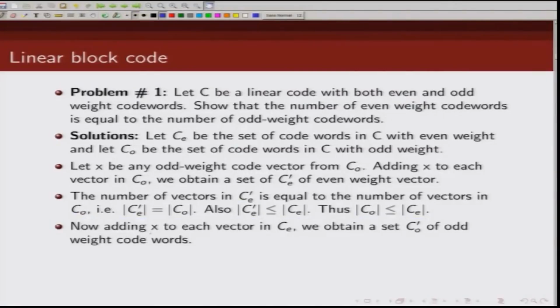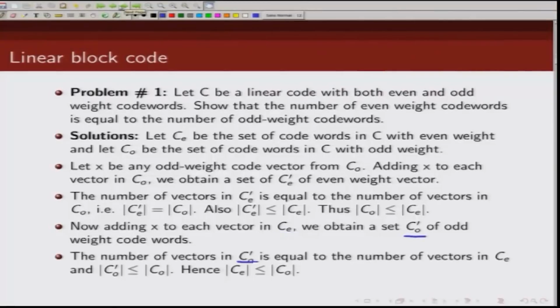Next, let us add the same odd weight code word to all the vectors in the set C E. If we add an odd weight code word to the set of even weight code words, what we will get is a set of odd code words. So the number of vectors in C O prime is going to be equal to the number of even vectors.